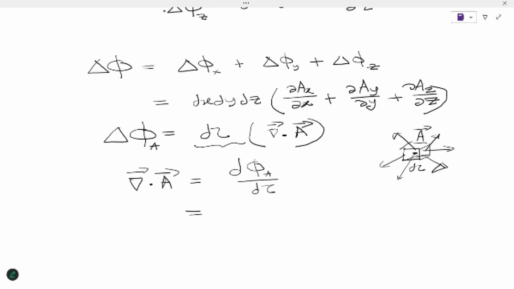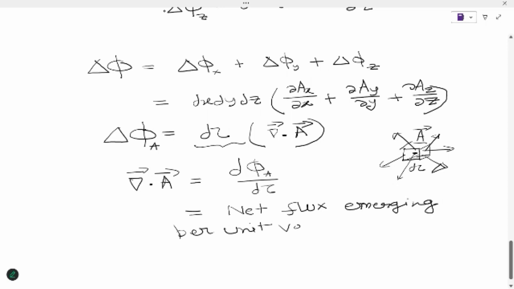So this is the net flux emerging per unit volume at point P, as let's suppose this is point P.